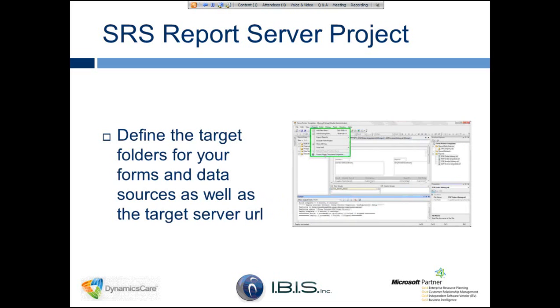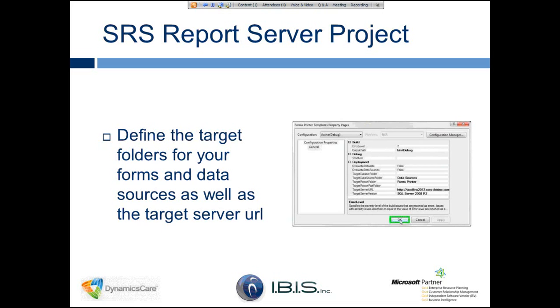And now we need to define the report server on the report server project. So to do this within Visual Studio, I drop down the project drop-down window and select Forms Printer Templates Properties, the last option there. Once I've selected that, it opens the Forms Printer Templates property page.